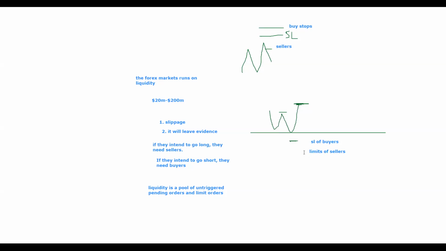These are limit pending orders of those that have positions below here, those that are saying that if price goes below here, it's going to keep going lower. So now what happens? People bought, price starts coming down. What does price do when it starts coming down? It comes down, clears everybody, and then moves in the opposite direction.